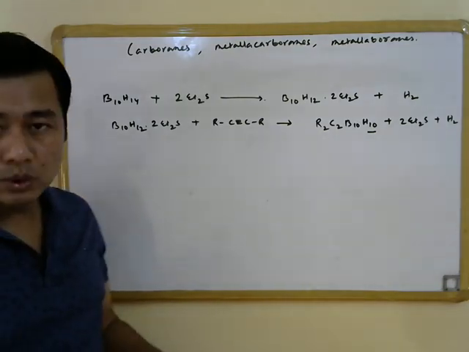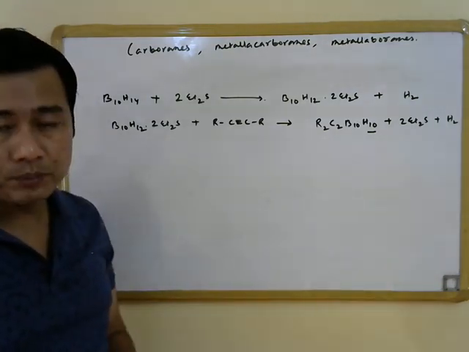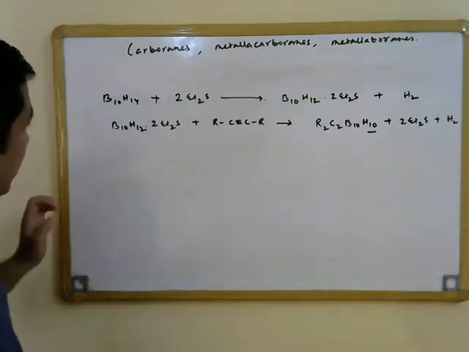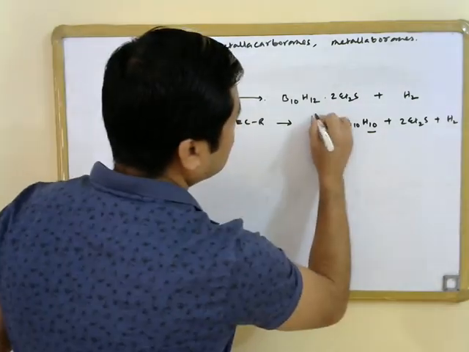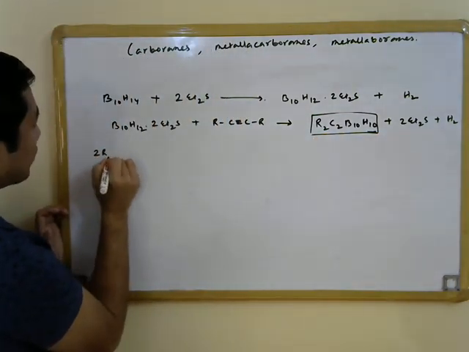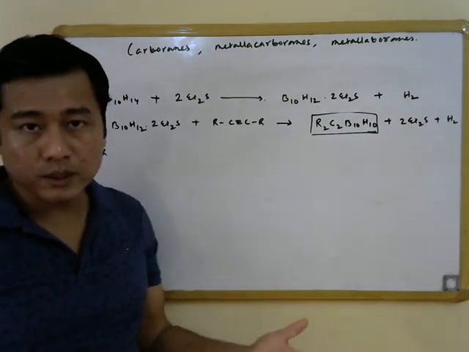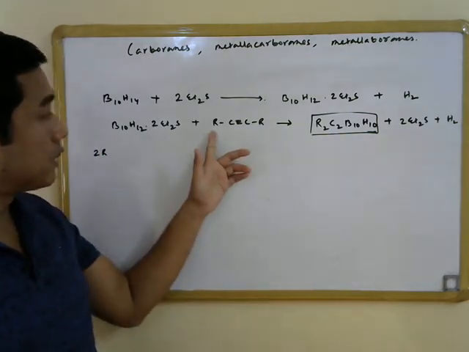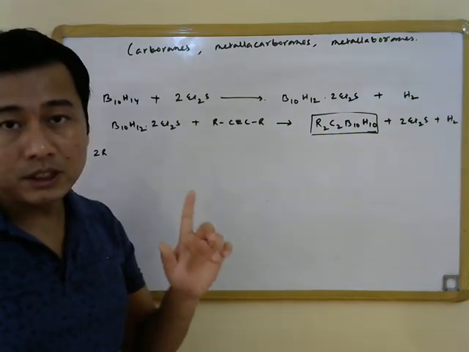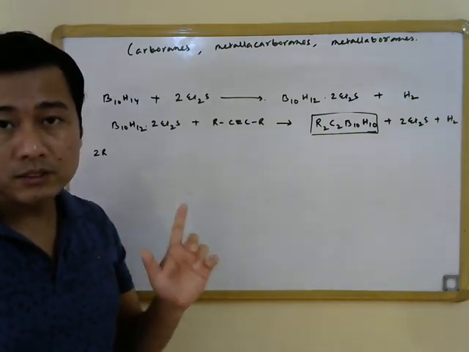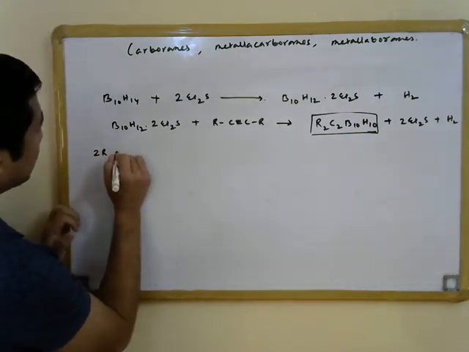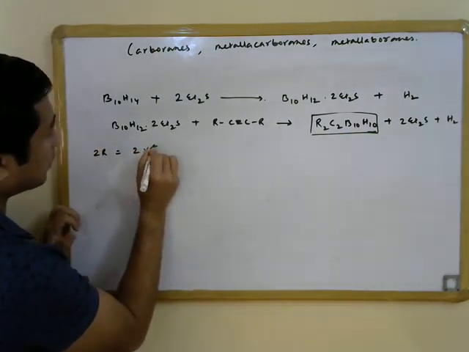So let us now do electron counting for this carborane molecule and then try to deduce the structure of this carborane. This is the formula of the compound, so let's do a valence electron count. Two R groups are there, and these two R groups are attached to the carbon centers because we started with the acetylene over here, and each of these R groups provides one valence electron, so 2 valence electrons.